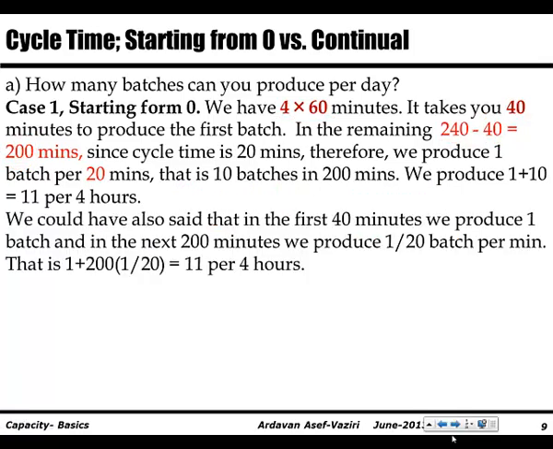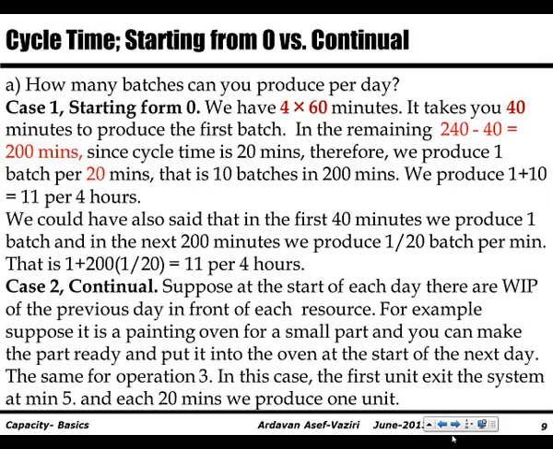Now let's talk about a second situation where at the end of the previous day we put 1 unit of work in process in front of each operation. Suppose it's not muffin, which would lose its quality if it is waiting there over the night.